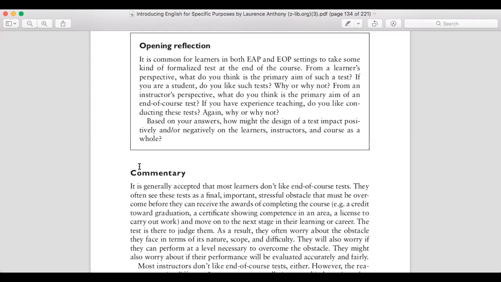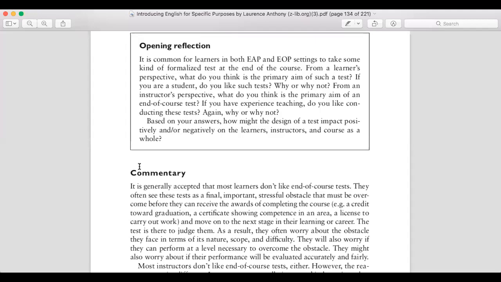So let's talk about what is the opening reflection, and we are going to reflect on it together. You would reflect on this as students, and I would reflect on this as a teacher. Okay. So it is common for learners in both EAP and EOP settings to take some kind of formalized test at the end of the course.